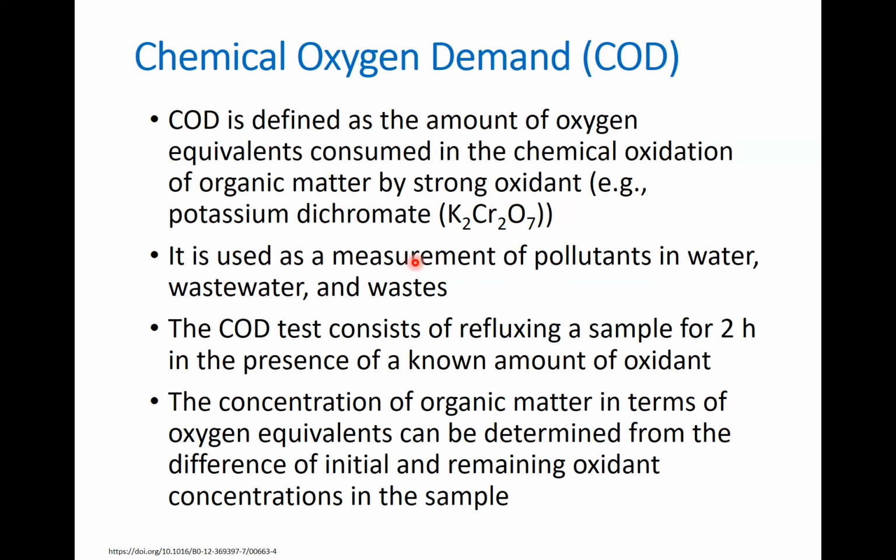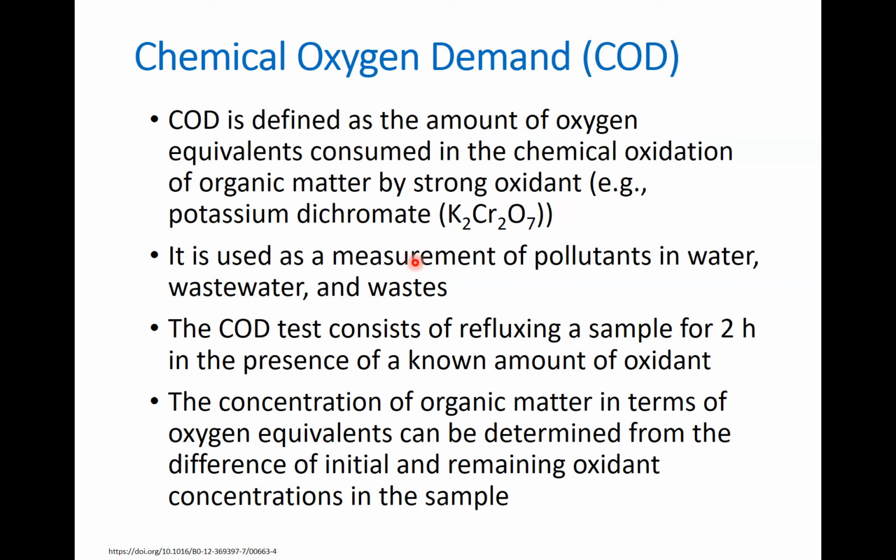Again, you can just take the sample as it is. Say I take 1 ml of water and add a certain amount of dichromate. In this case, I will get the total chemical oxygen demand. Or if I'm interested in the filtered sample, the dissolved COD, in this case I can use some kind of filter, maybe a micrometer filter paper, and then I get the dissolved COD.